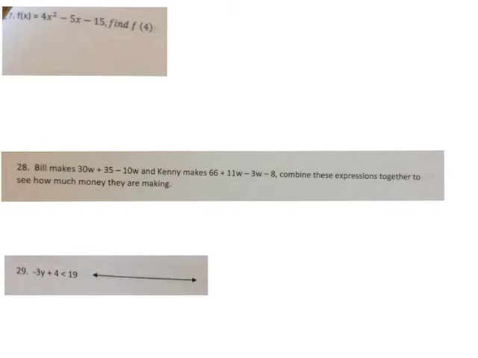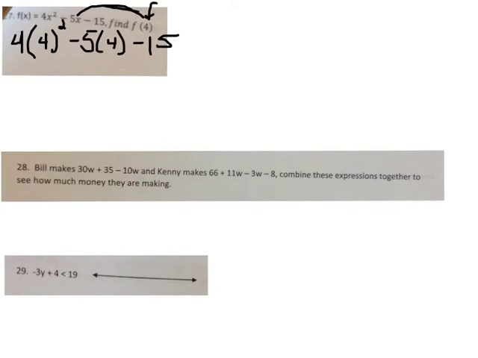Question 27, what I would like you to do, it says find f of 4. Isn't this 4 in the x position? So I'm going to take that 4 and plug it in wherever I see an x. So I'm going to say 4 parenthesis 4 squared minus 5 parenthesis 4 minus 15. Notice I took that 4 and I plugged it in twice because I saw 2 x's. First thing I want to do is my exponent, so 4 squared is 16.